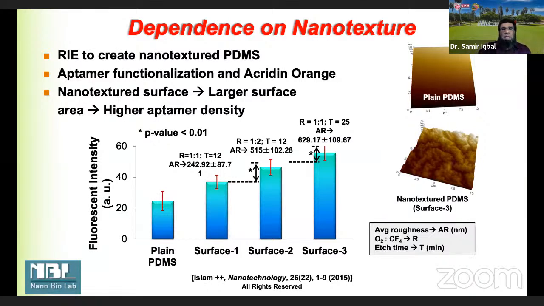And what we are now finding is with higher and higher roughness, we are capturing more and more cancer cells. And in this case, we are using a dye to look at those cells which are captured on the surface.